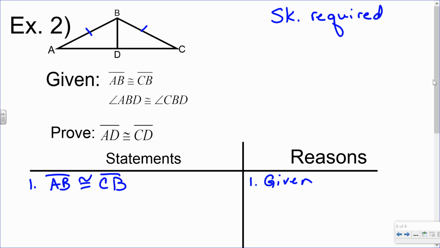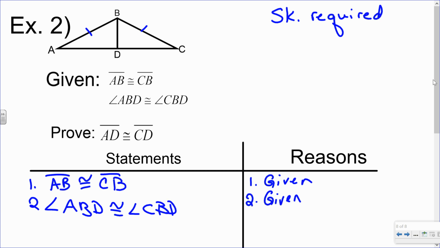Then I am also given that angle ABD is congruent to angle CBD. So I can label that ABD is this one up here, and CBD is on this side. And then we're going to look at what are we trying to prove? Wait a minute, I'm not proving congruent triangles?